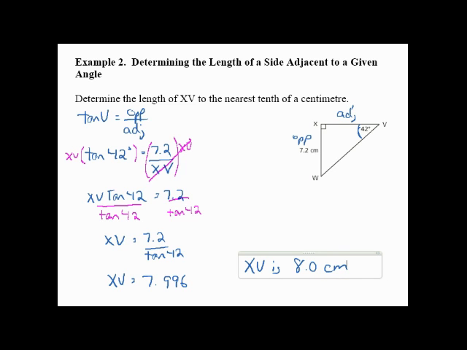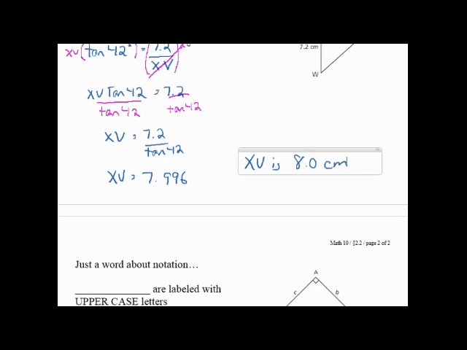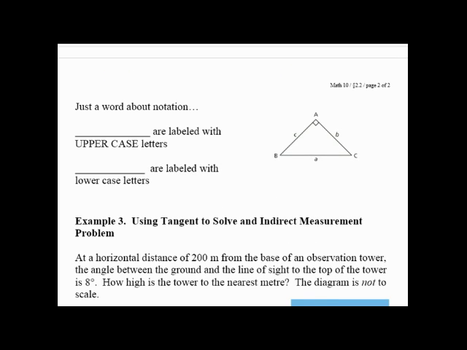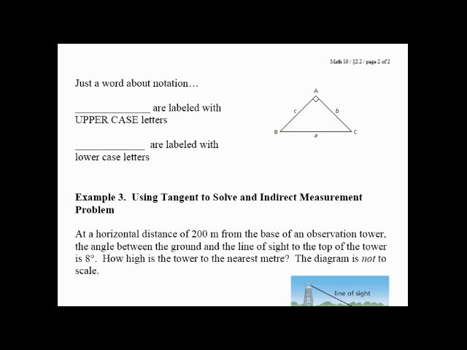Now a little notation. The convention is that uppercase letters are used for the vertices, and the sides are labeled with lowercase letters. And in fact, it's the lowercase letter of the opposite vertex.